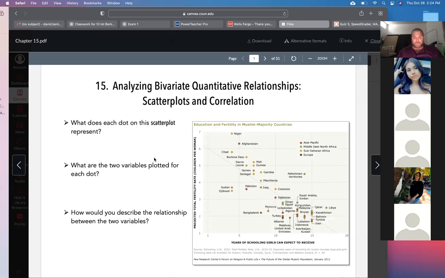So for example, which of these countries has the fewest years of schooling that girls can expect to receive?